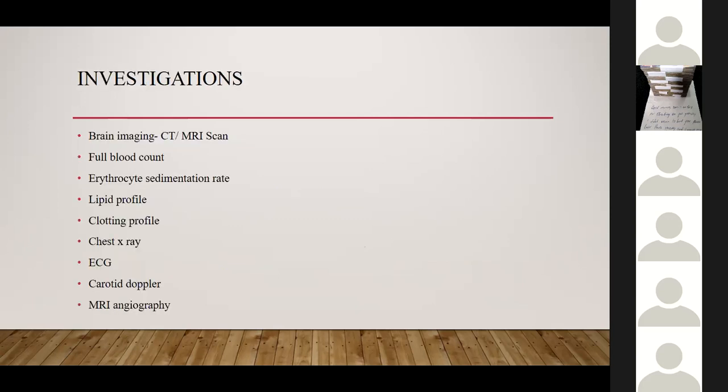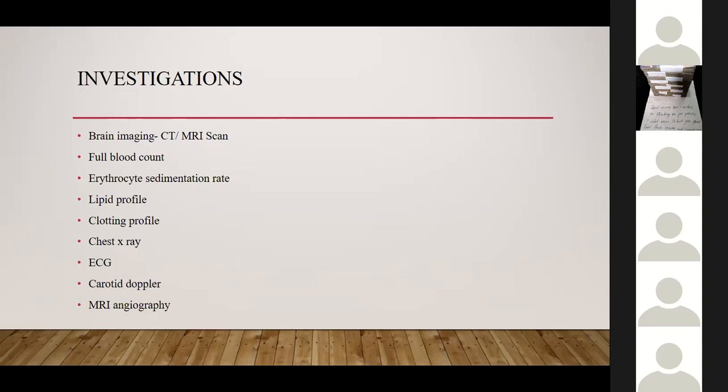Let's look at investigations that we do for stroke. So we go ahead and do a head CT scan, which is very essential. It tells us the type of condition we have. If you have a transient ischemic attack, the head CT scan will come out basically normal. Okay, but if you have probably an infarctive stroke, it will show you a hypodense area.